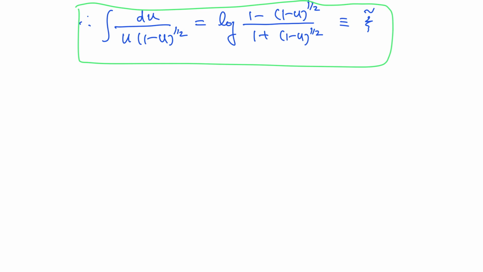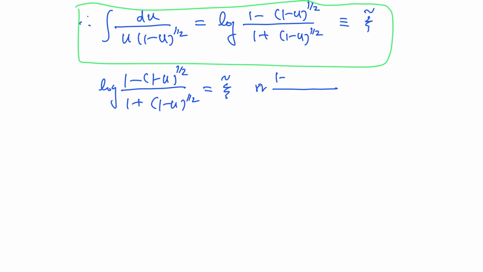Just we played with the derivatives and then integrate. You can further simplify. Psi tilde or (1 minus u)^1/2. We still need to find the u, right?